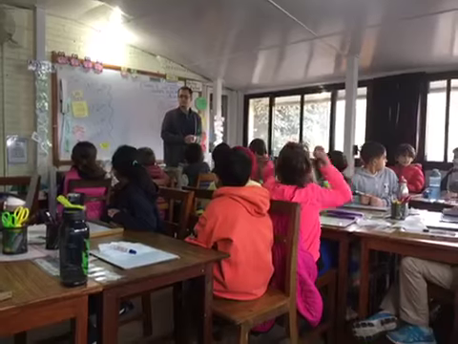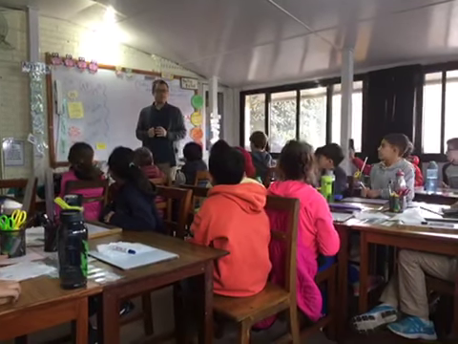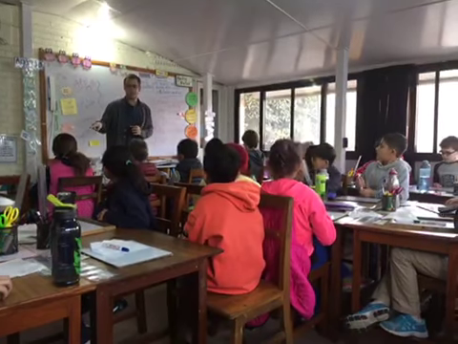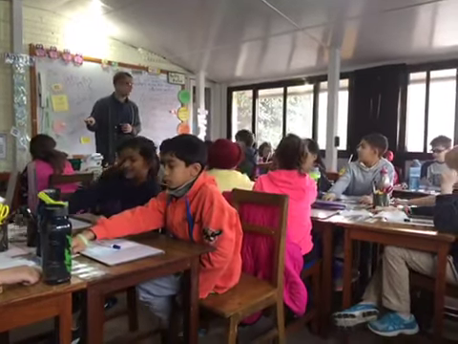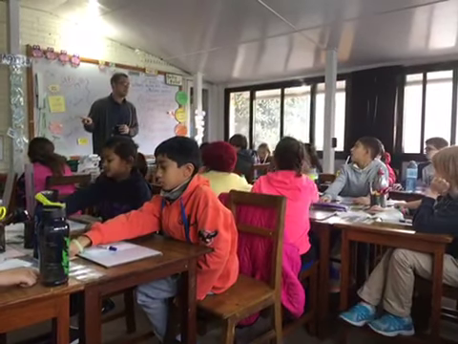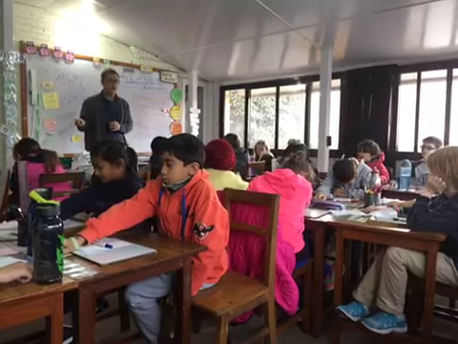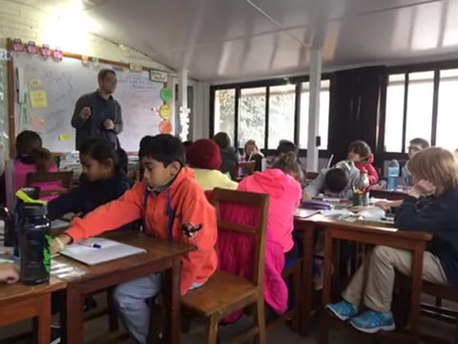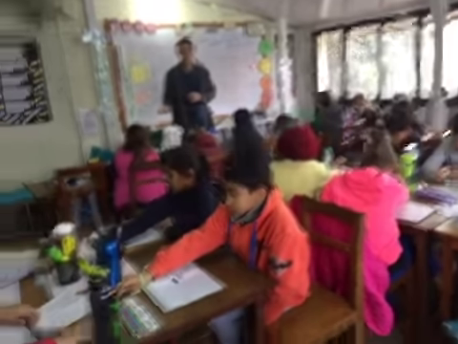Eyes on me. Right now, I want you to put your finger on your colored circle on your desk. I would like for you to close your eyes. And if you understand what's being taught, I would like you to flip your circle over.